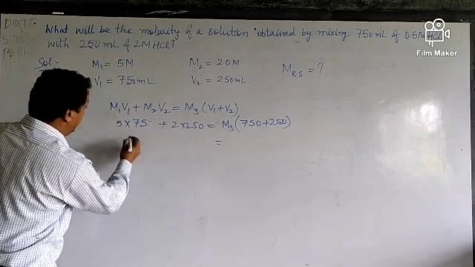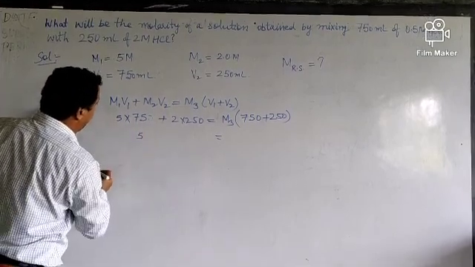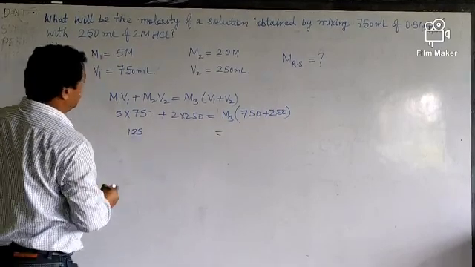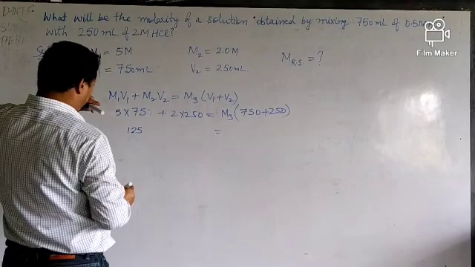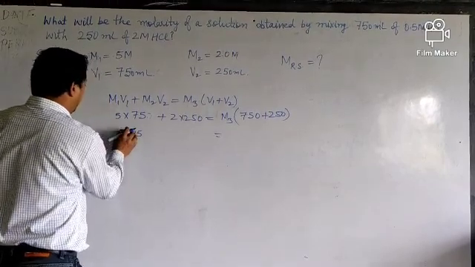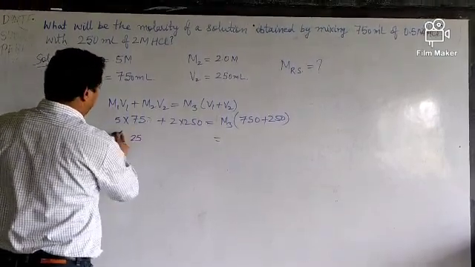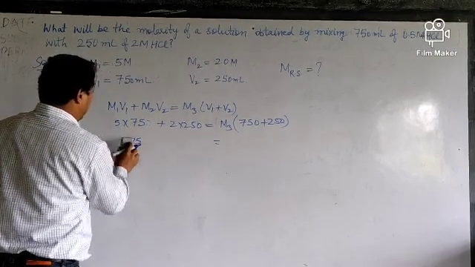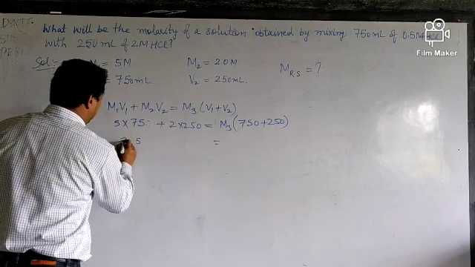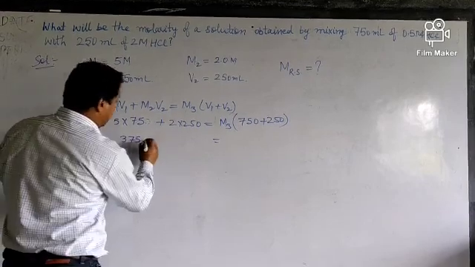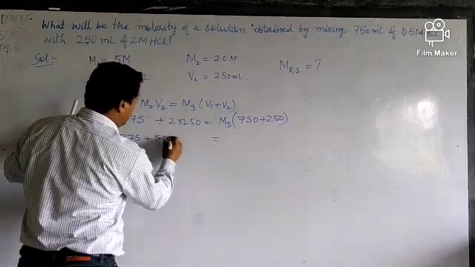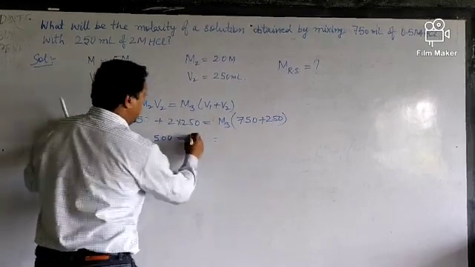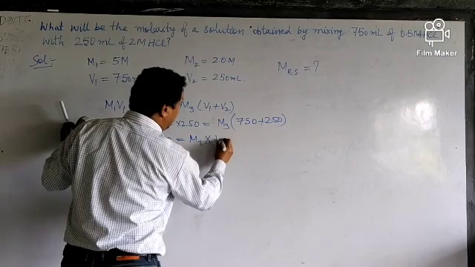So 0.5 into 750 is 375, plus 500 is equal to M3 into 1000.